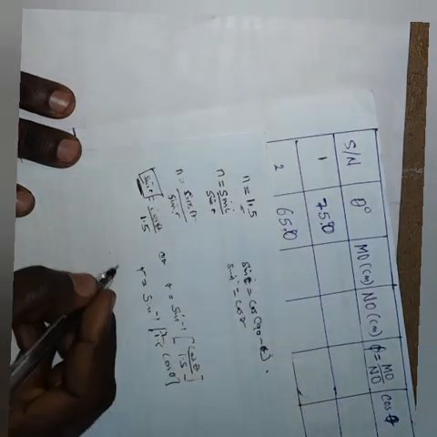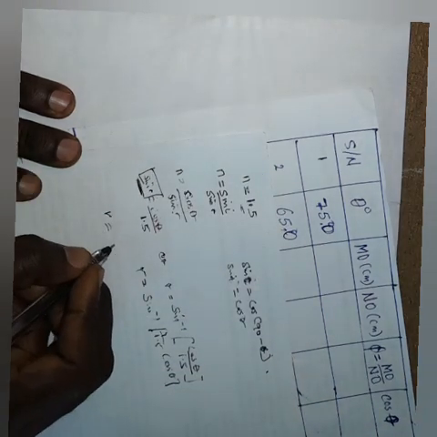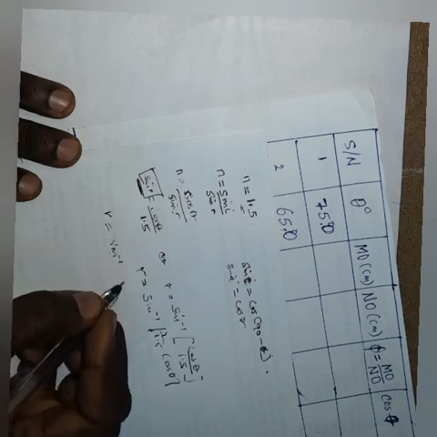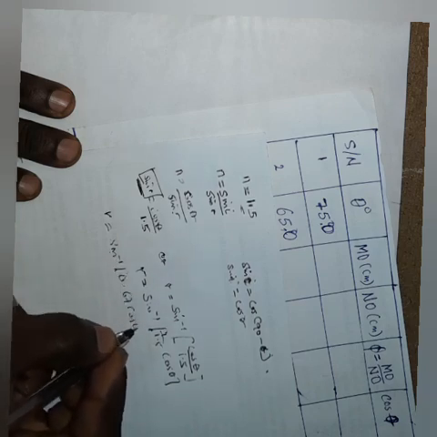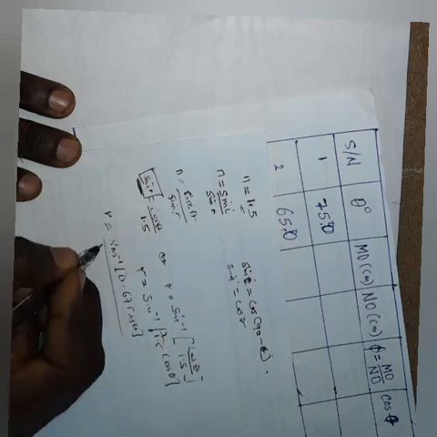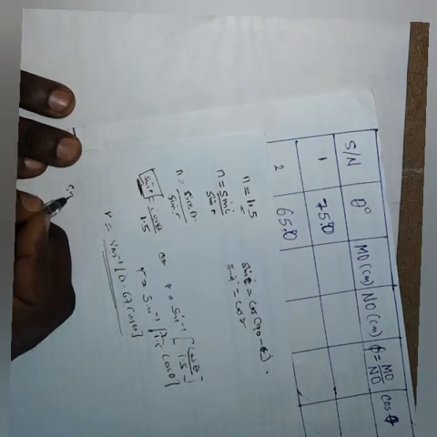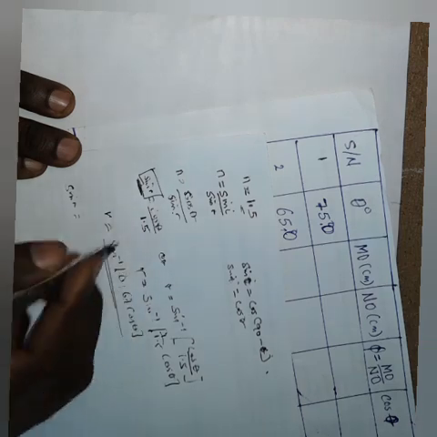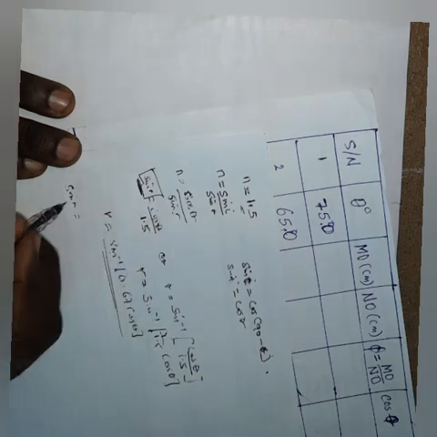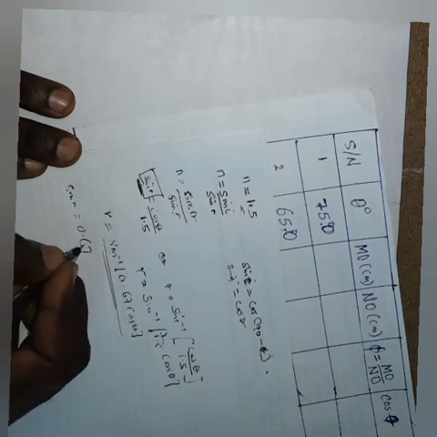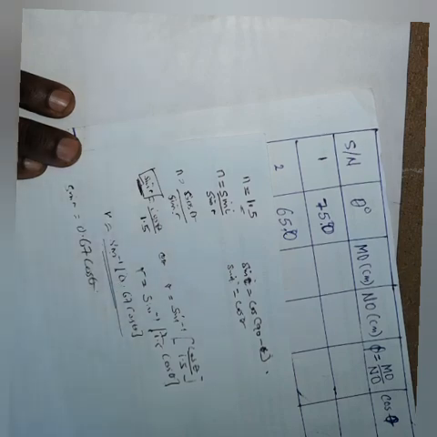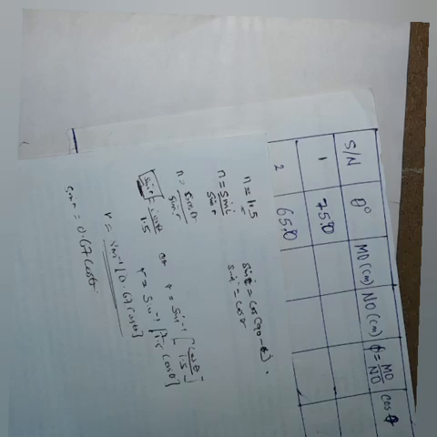So I'm going to have r is equal to arcsine, the inverse sine, of 0.67 cos theta. So we will be using this, or sine r equals 0.67 cos theta.